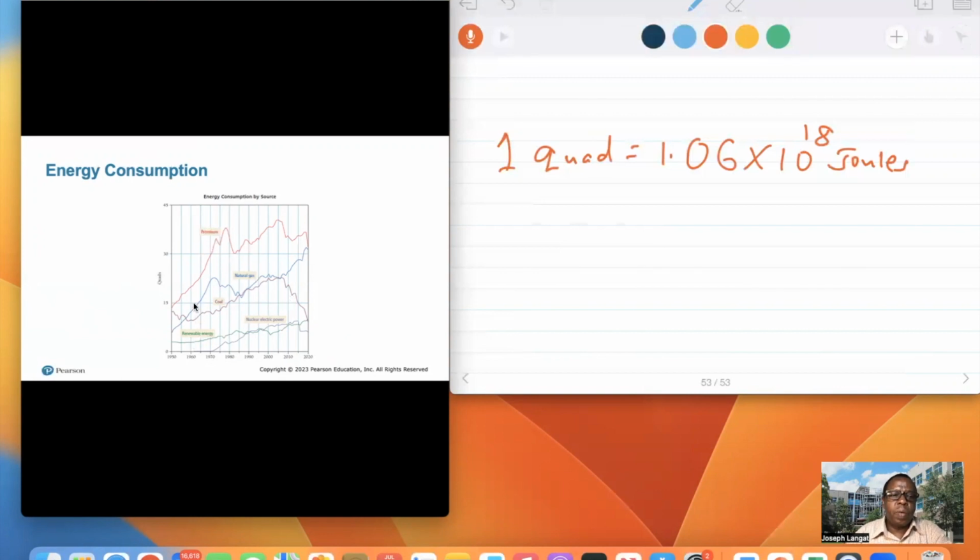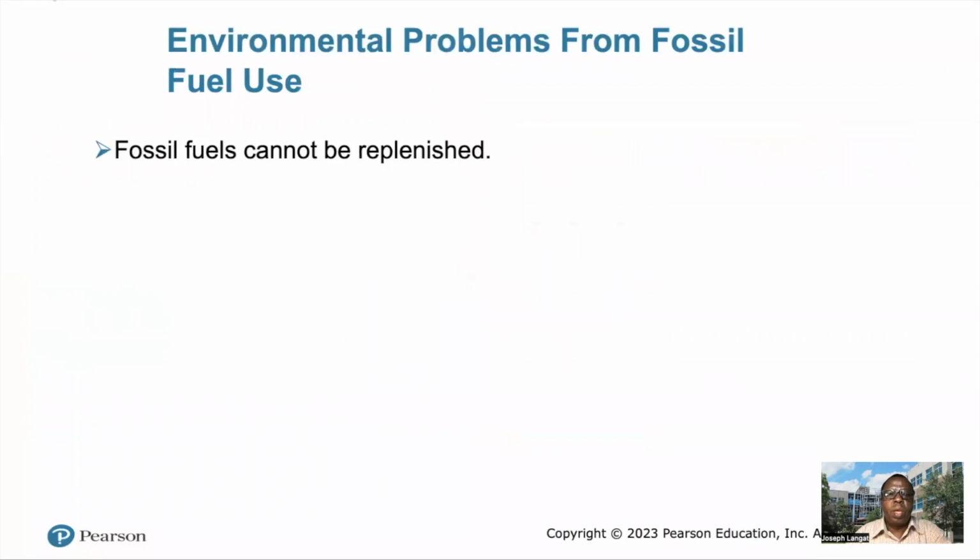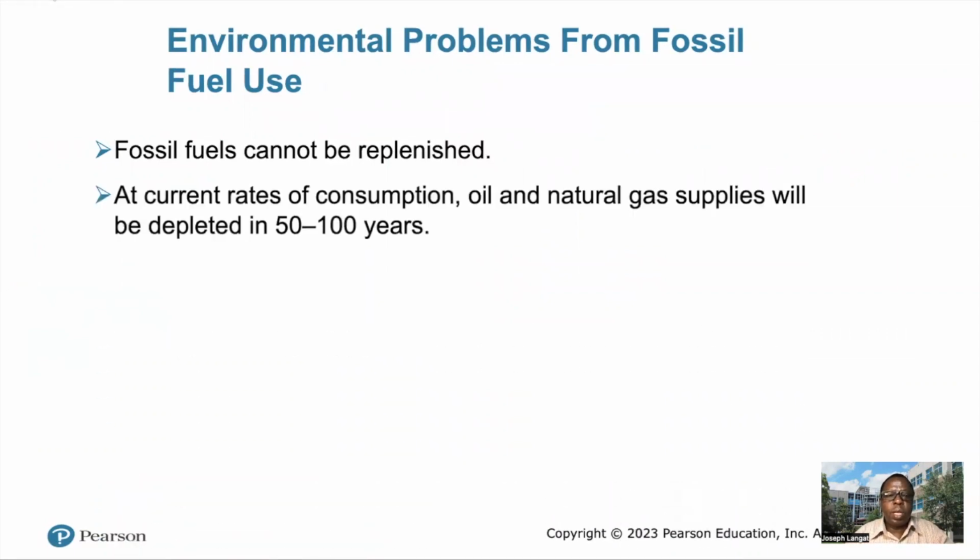What I want you to do is make your own notes on probably something you have heard about, the environmental problem associated with the fossil fuel, okay? One, it cannot be replenished. It is estimated that in the next 50 years, maybe natural gas will be depleted, and that is why you see more and more hybrid cars, 100% electric cars.